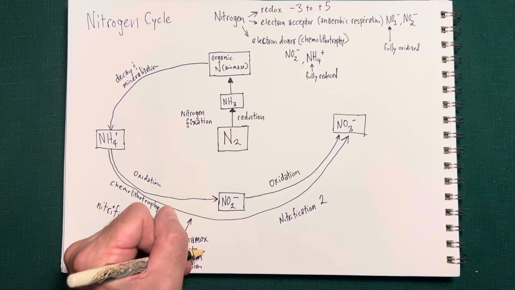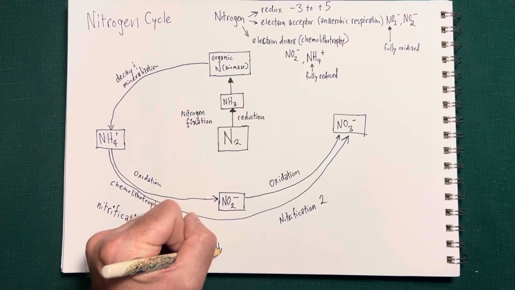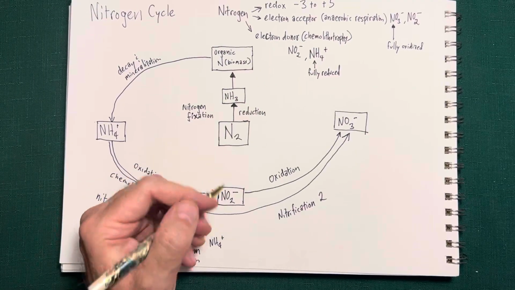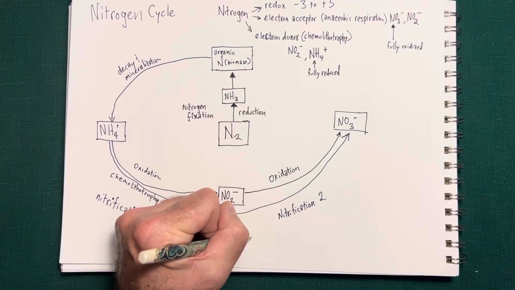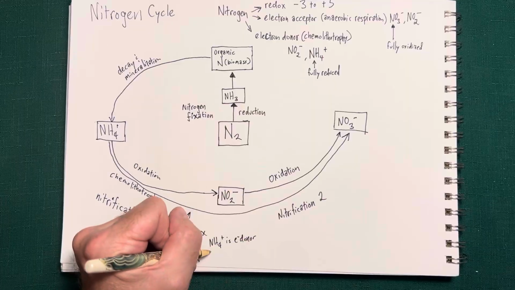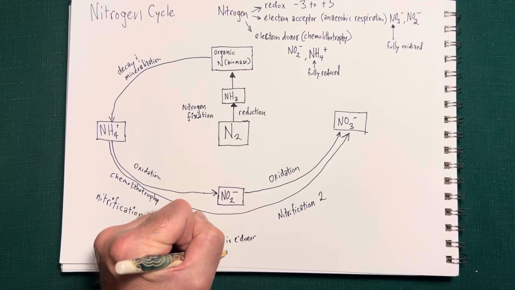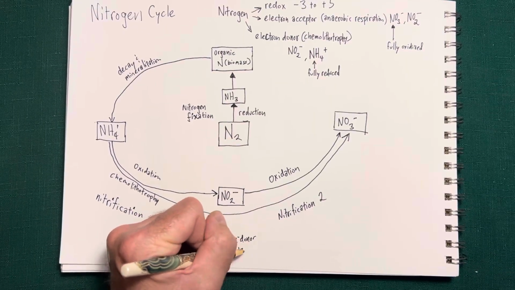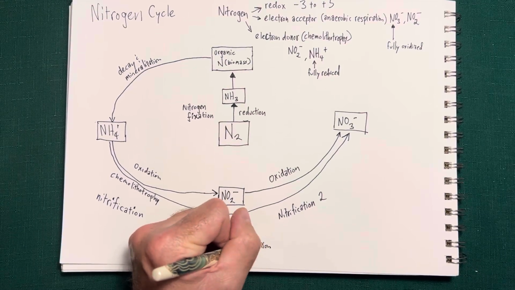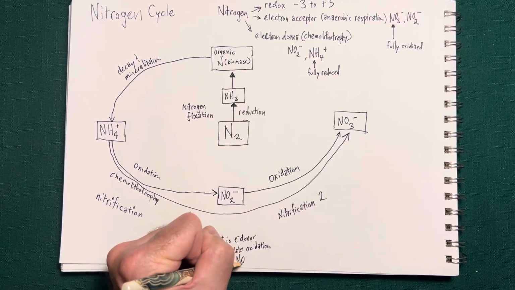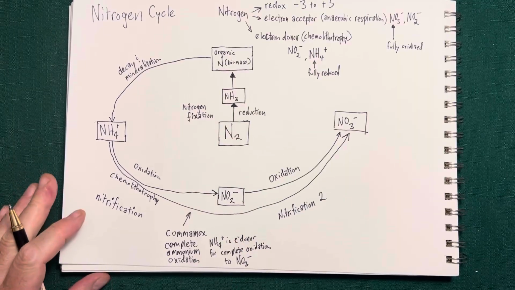So in comammox, NH4 plus is an electron donor for complete oxidation to nitrate.